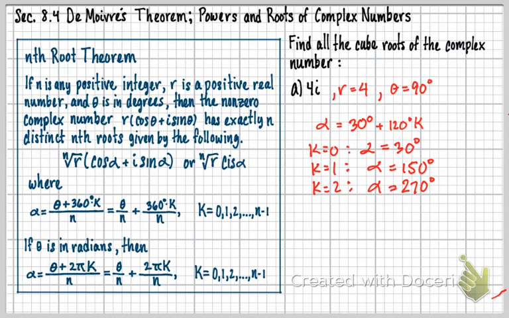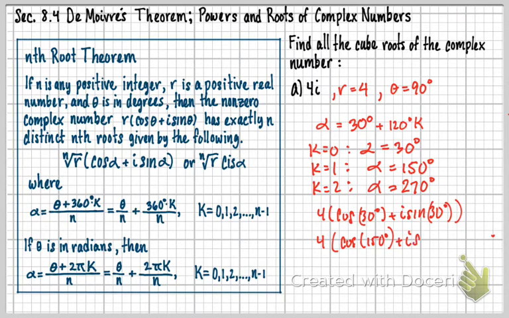So my r is still 4, and now I have my alpha values. That's going to give us 4(cosine of 30 degrees plus i sine of 30 degrees). That's one of them. The next one is 4(cosine of 150 degrees plus i sine 150 degrees).